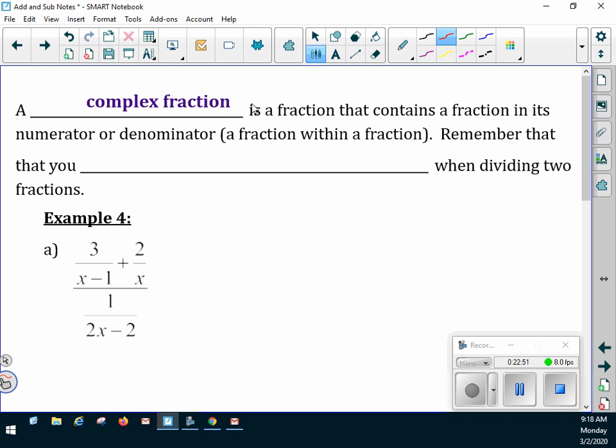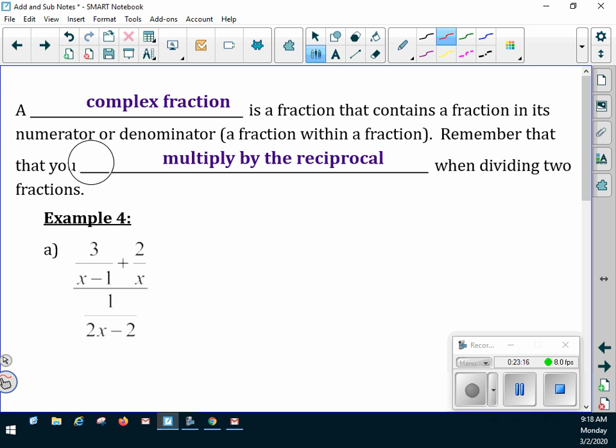A complex fraction is a fraction inside another fraction. Now, if you look at those 2 problems on that page, all you see is a whole bunch of fractions. All right.